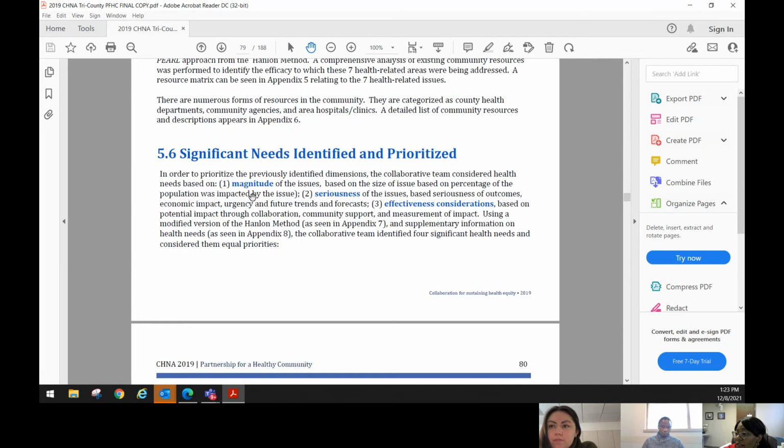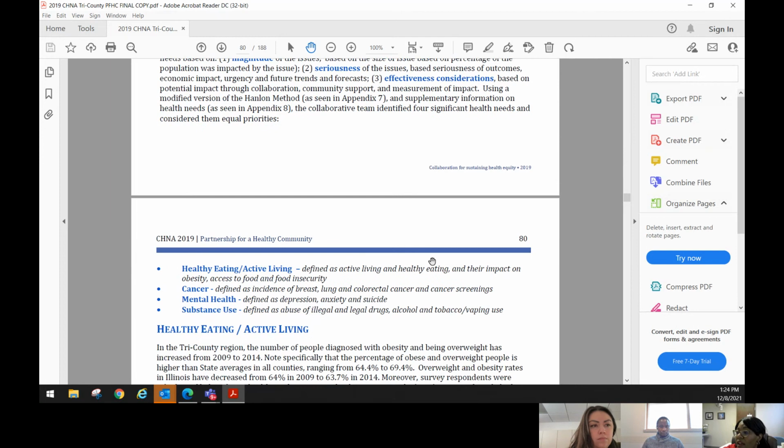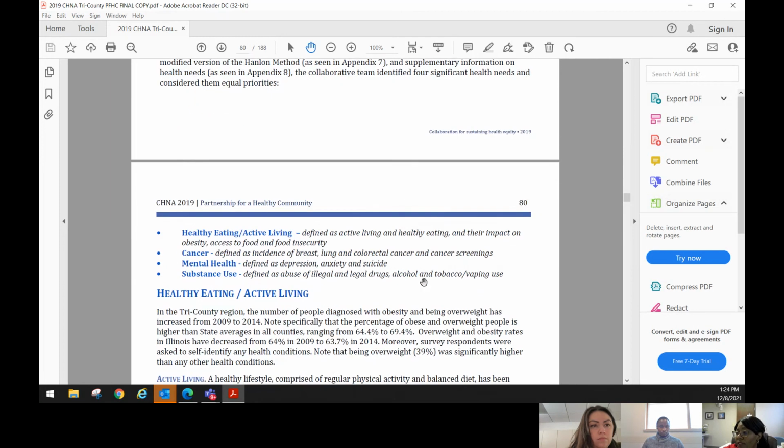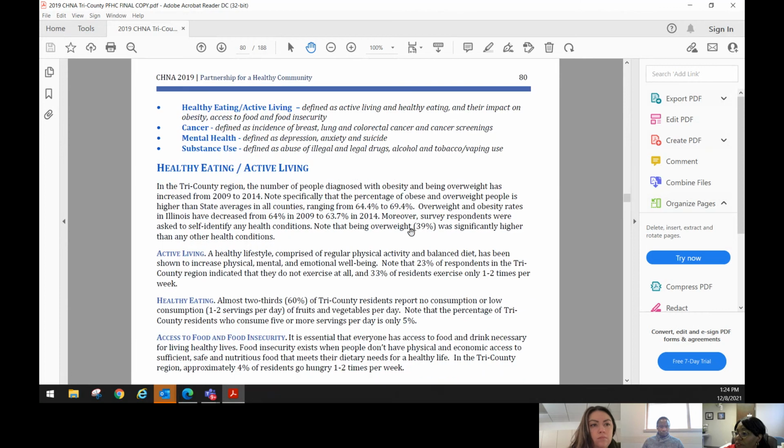So again, going back to that magnitude, seriousness, and effectiveness considerations, it's called the Hanlon method, and that's later on in a document if you want to know more about it. But the data was reviewed based on this particular method, hence our health priorities, okay, that I mentioned when we first started.